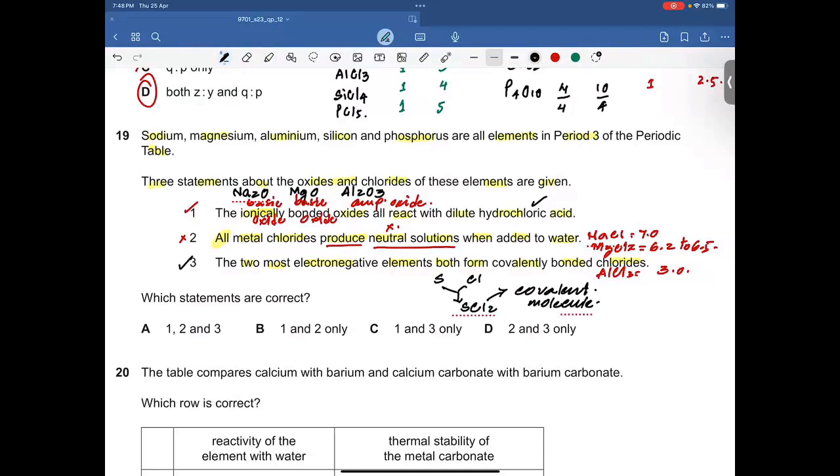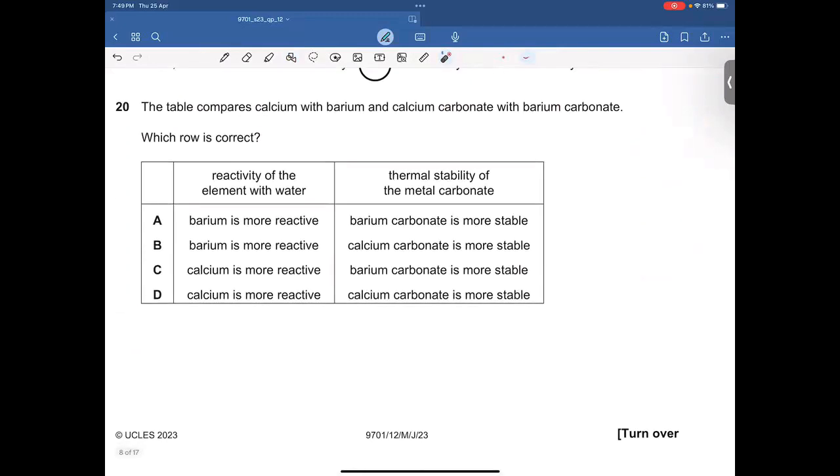So 1 and 3 are correct. The right answer is going to be C. Obviously, A, B, and D options are incorrect, because if the second statement is wrong, A is incorrect, B is also incorrect, and D is also incorrect. Okay.